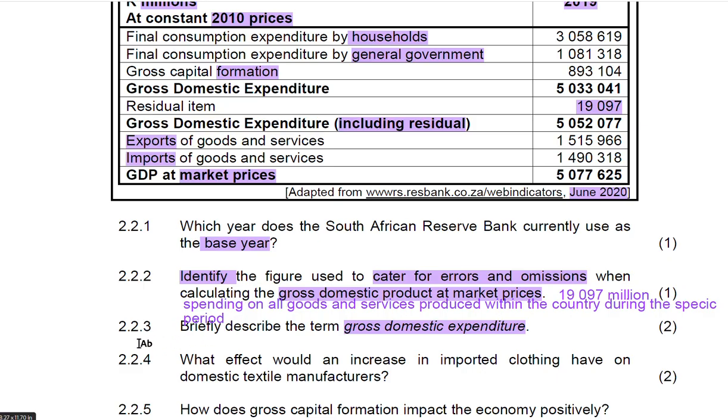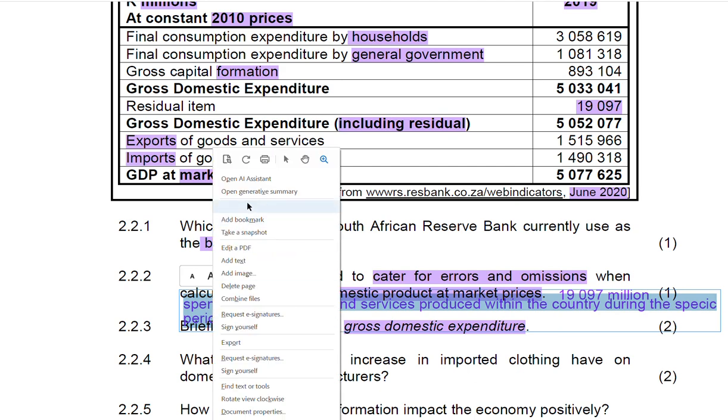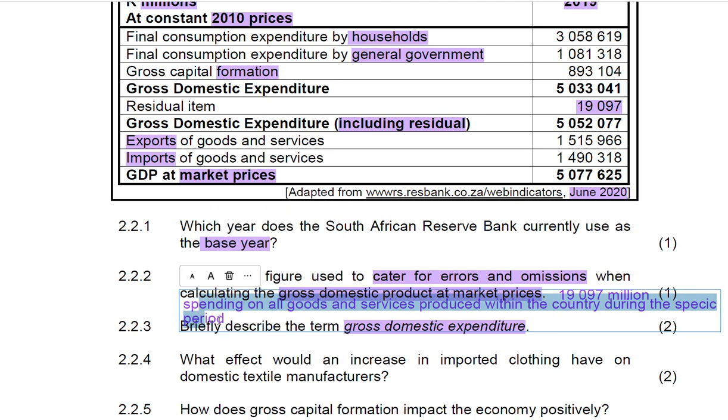And then 2.2.3, briefly describe the term gross domestic product. So this is what we were entering. Apologies, I should have put it underneath, but it's fine. It related to 2.2.3. And then we're looking at 2.2.4. What effect would an increase in imported clothing have on domestic textile manufacturers?